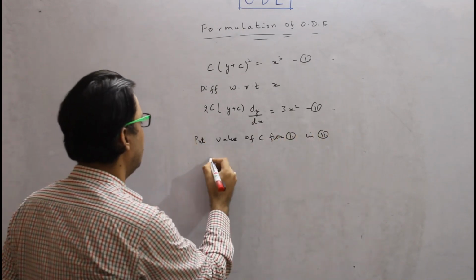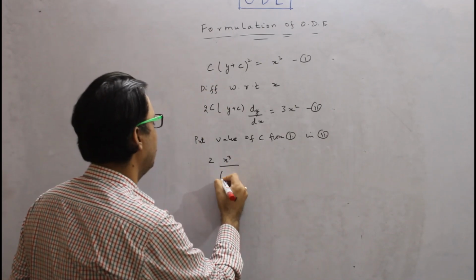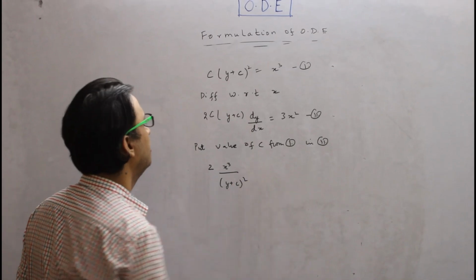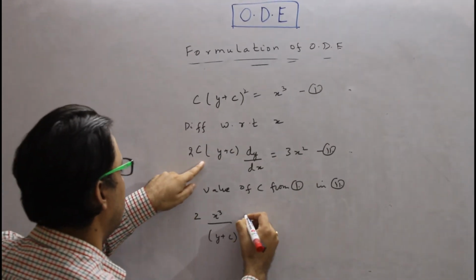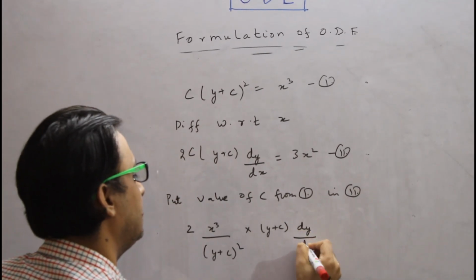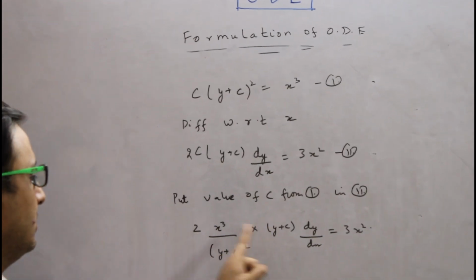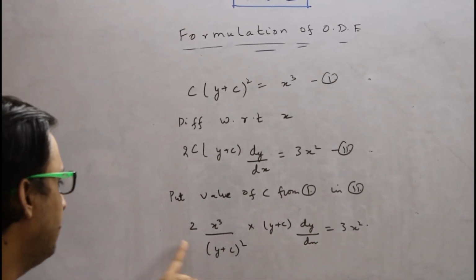So that is 2 times, I can see the value of c is x cube by y plus c, whole square, into y plus c dy by dx is equal to 3x square. So if we do the simplification, what we will get?